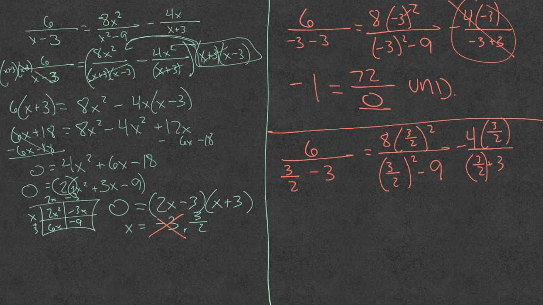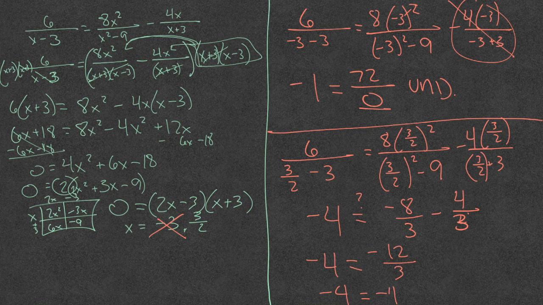This gives us a negative 4. We want to see if it equals the right-hand side. When we simplify that first fraction over a fraction, we end up getting negative 8 over 3. And then on the right-hand side, we end up getting minus 4/3. And so negative 4 equals, what is that? Negative 12 over 3. Negative 4 equals negative 4.